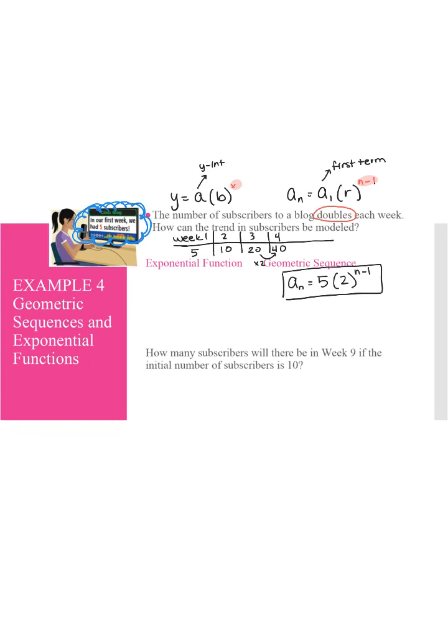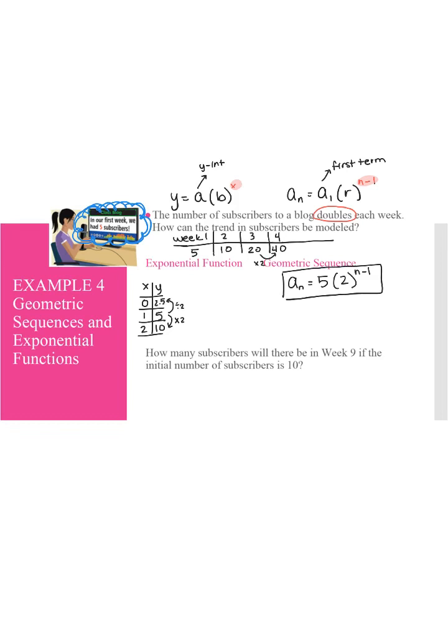If I wanted to write an exponential function, on the other hand, I'm going to have to work my way backwards a little bit, because I know what happened in week 1, but I don't know what happened in week 0 or how many initial subscribers I had. So if I am multiplying by 2 to go forward, I would need to divide by 2 in order to go backwards.